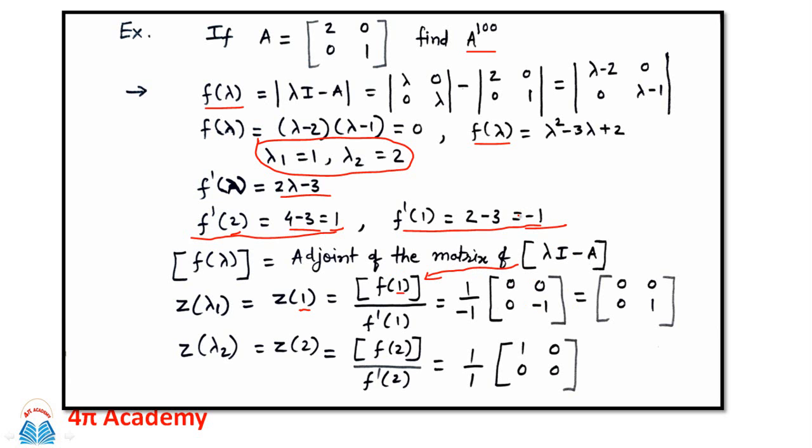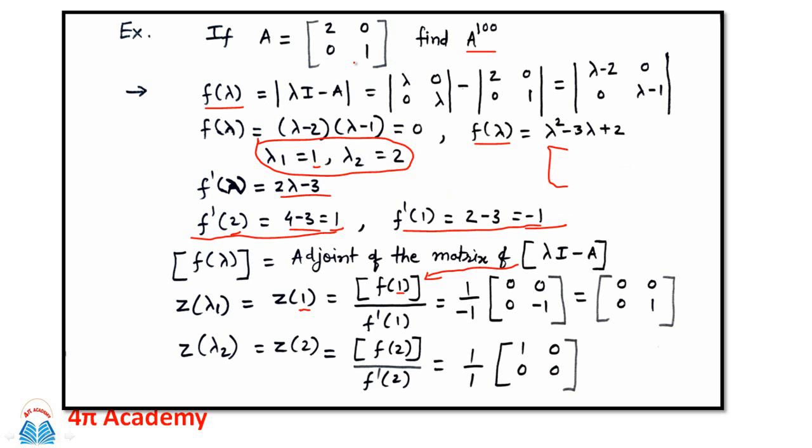You know how to find the adjoint of a 2 by 2 matrix. So I will give the solution for the first one, that is our matrix lambda I minus A for the value of lambda as 1.